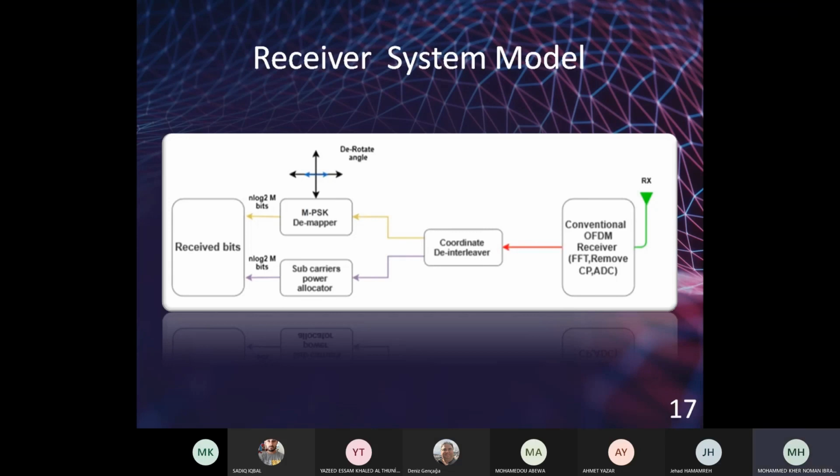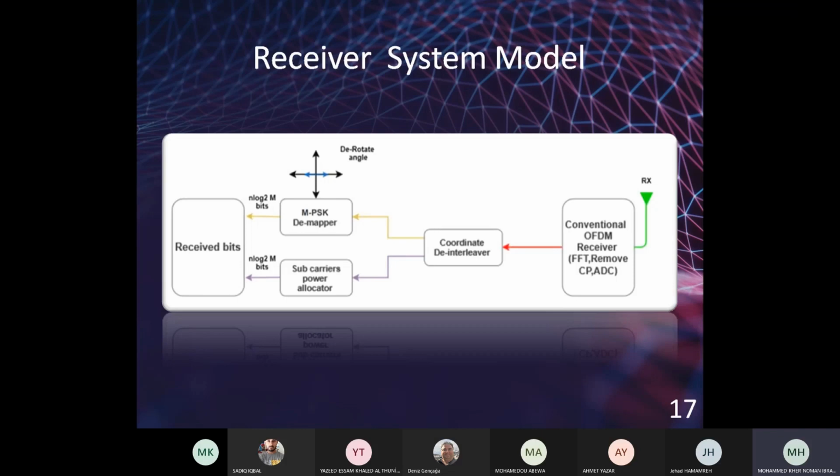After receiving the signal from the receiver antenna, the analog-to-digital converter converts the signal from analog to digital. Then the cyclic prefix is removed and it goes to the FFT, converting from the time domain to the frequency domain. The subcarriers also go to the de-interleaver, as every subcarrier has its original components, which are the in-phase and quadrature components.